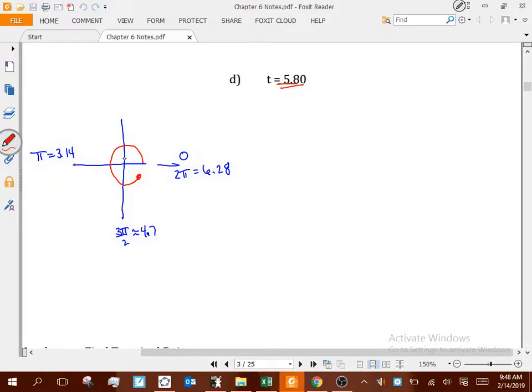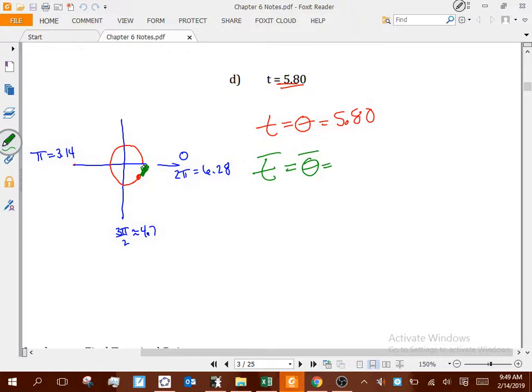There we go. So 5.8 would be about right there. So we need to figure out then, if t or theta is 5.8, what then is t bar or theta bar? What is this additional distance there? How would I find that green distance? Any ideas? Subtract what?